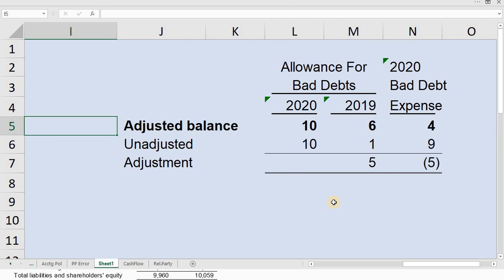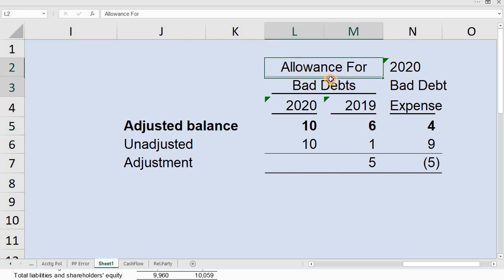So again, to analyze the effects of the error, let us use this computation. As we look into the statement of financial position, the allowance for bad debts unadjusted balance is 10 pesos in 2020 and 1 peso in 2019. And again, the adjusted balance of the allowance for doubtful accounts at the end of 2019 should have been 2% of 300 pesos, and that is 6 pesos. However, the allowance for bad debts in 2020 is still correct at 10 pesos.